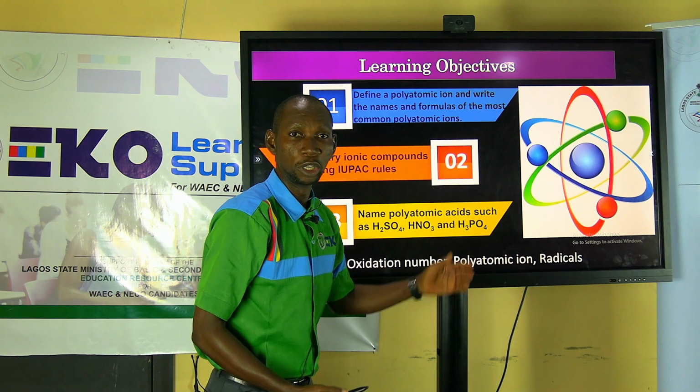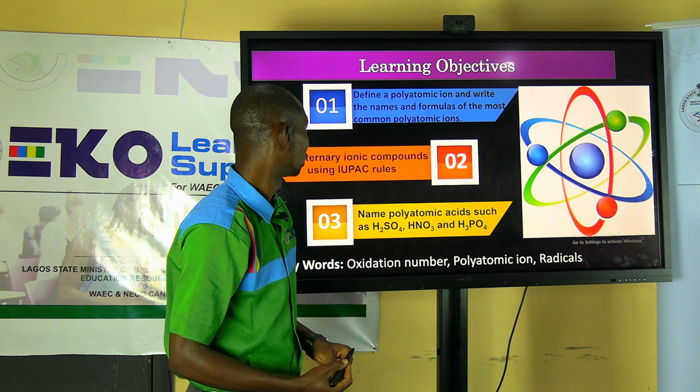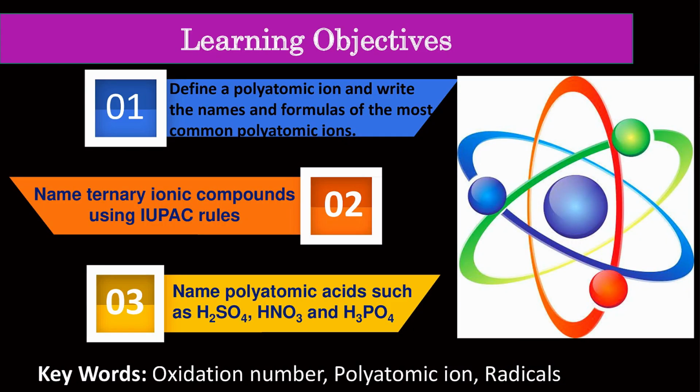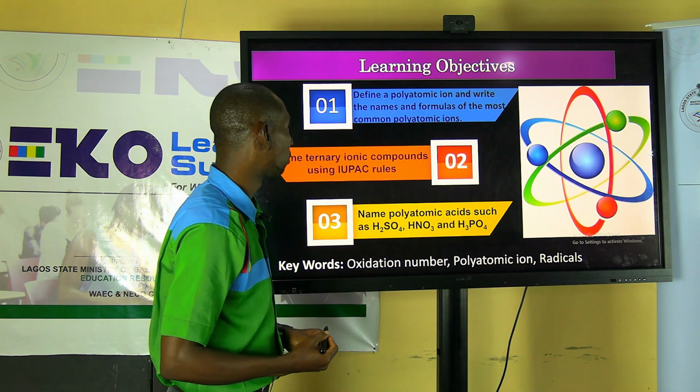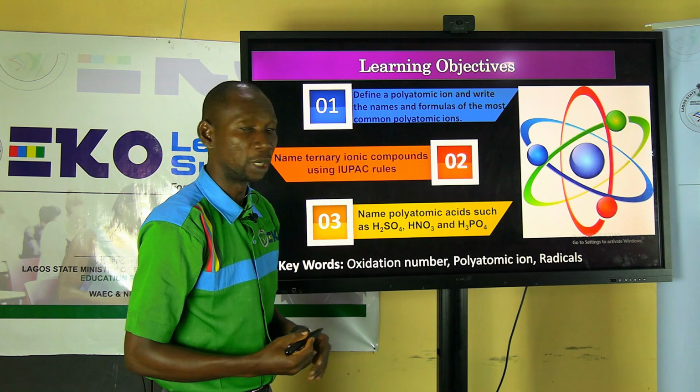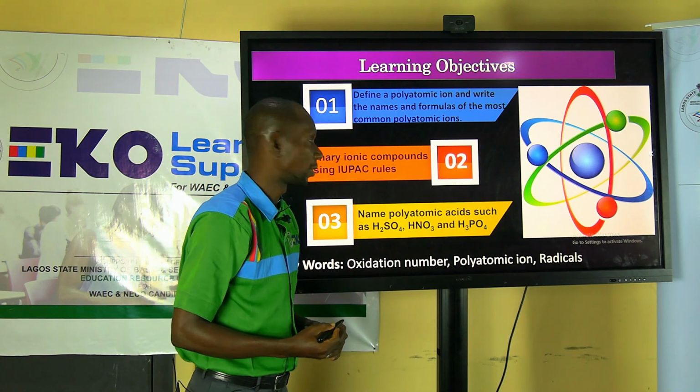We have set the following objectives to guide our instruction today. 1. By the end of this lesson, you should be able to define what a polyatomic ion is and write the names and formulas of the most common polyatomic ions. 2.